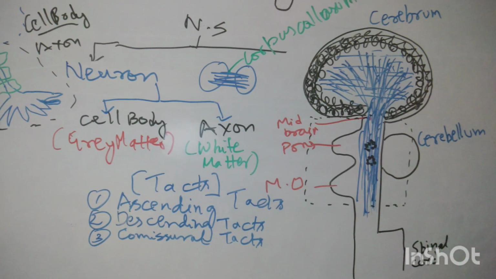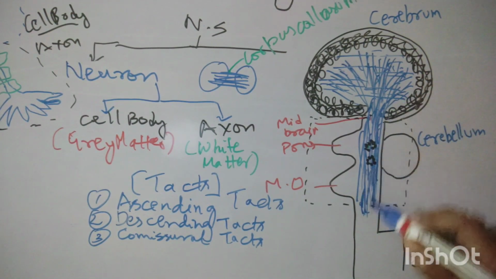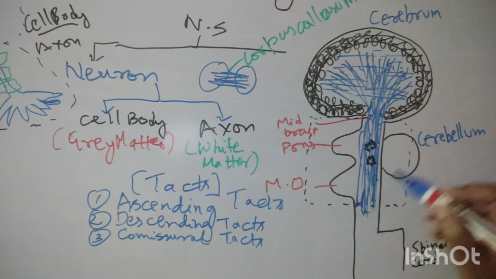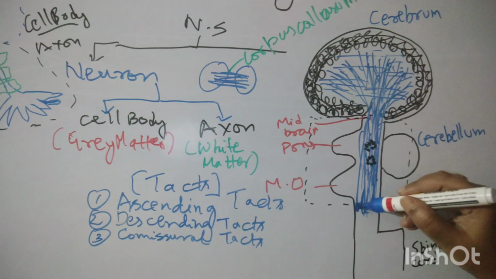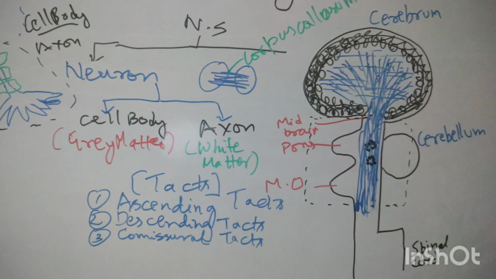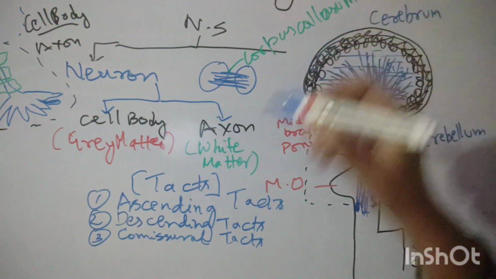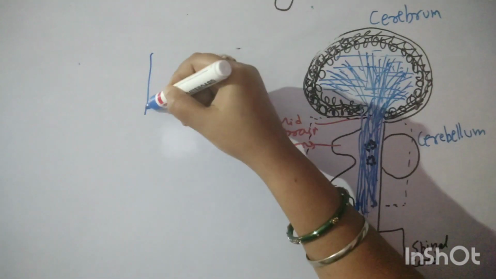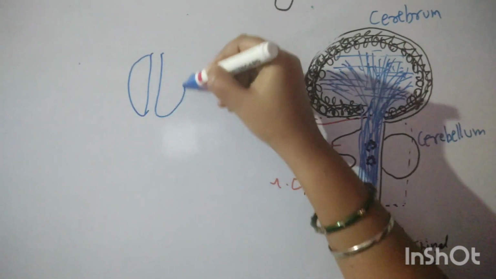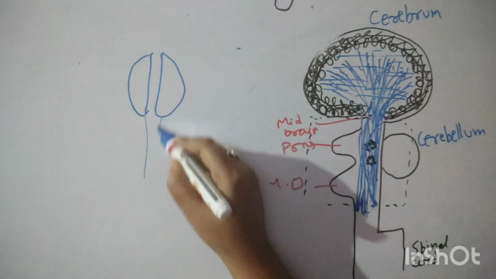So one thing, the fibers which are coming from downwards to upward direction, here they will cross. There will be crossing of the fibers. The fibers which are coming from it, they will cross like this. Suppose this is our cerebral hemisphere, two cerebral hemispheres. So fibers are coming from downwards.